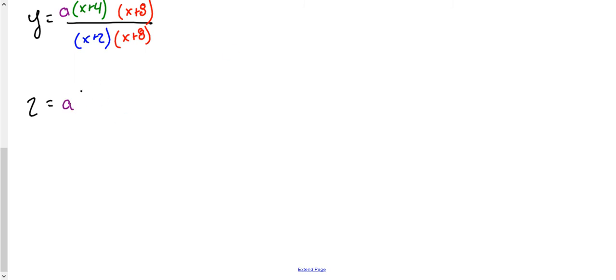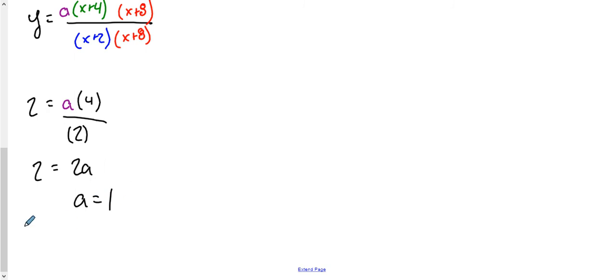So this is now 4. These would cancel out because they're PODs. And then down here would just be 2. This is x plus 2, which is 0 plus 2. Here, 4 divided by 2 is just 2. So I got 2 equals 2a. So then, therefore, a has to equal 1.